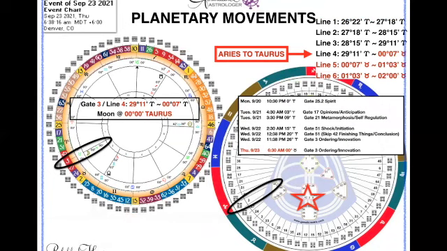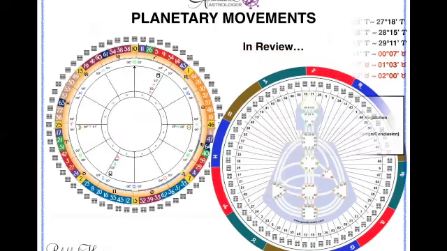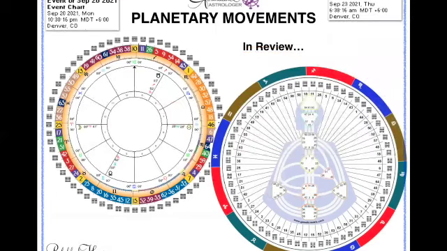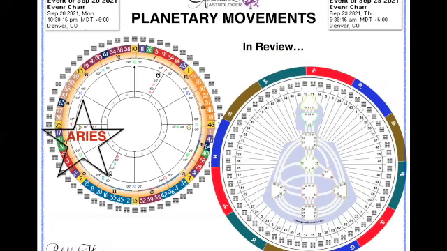And it has gone through all of the gates and the whole sign of Aries. So in review, we went from September 20th to September the 23rd and went through the whole sign of Aries and gates 25 through 3.